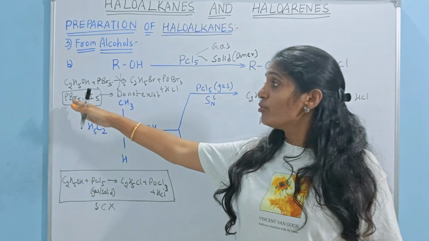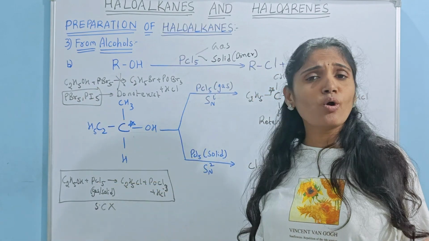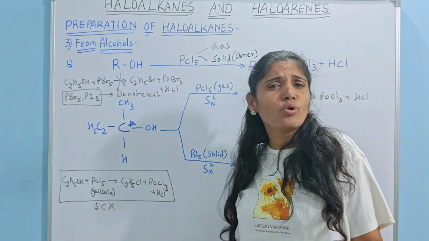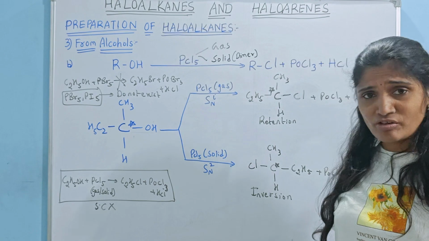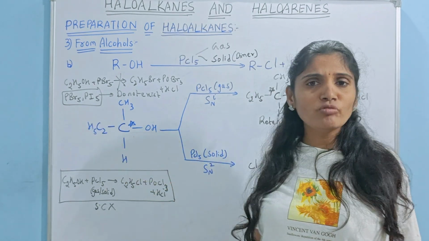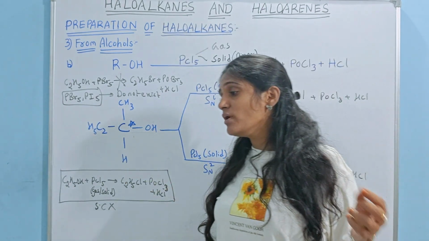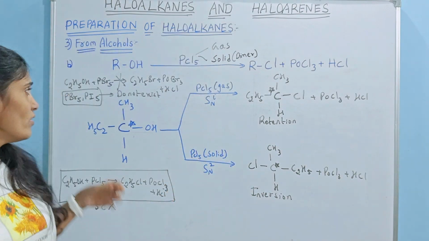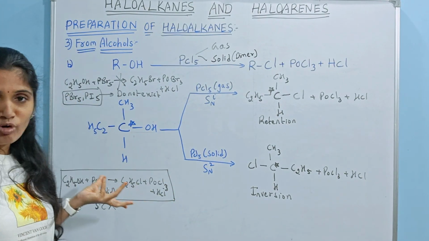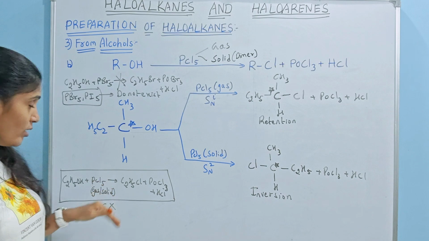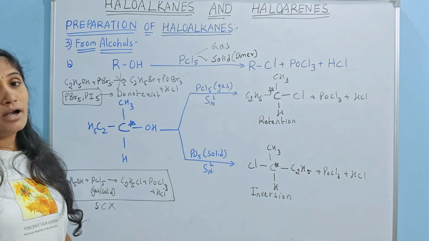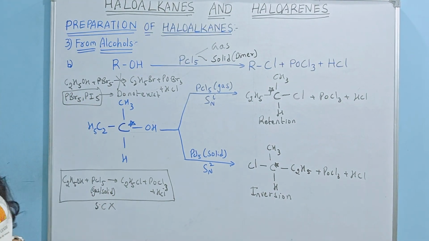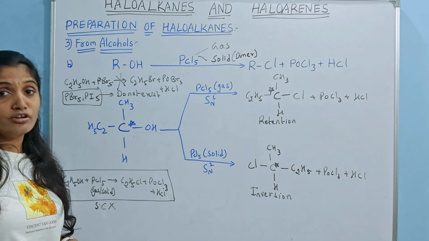But PBr5 and PI5 are not even in a stable form. They do not exist in the normal state, so they don't react, because they are not stable forms of phosphorus halides. So in the exam, don't blindly put C2H5Br, because that reaction will not happen, as PBr5 and PI5 are unstable.